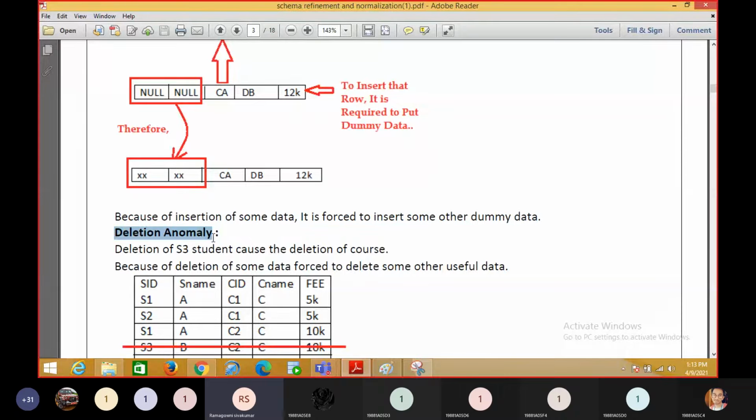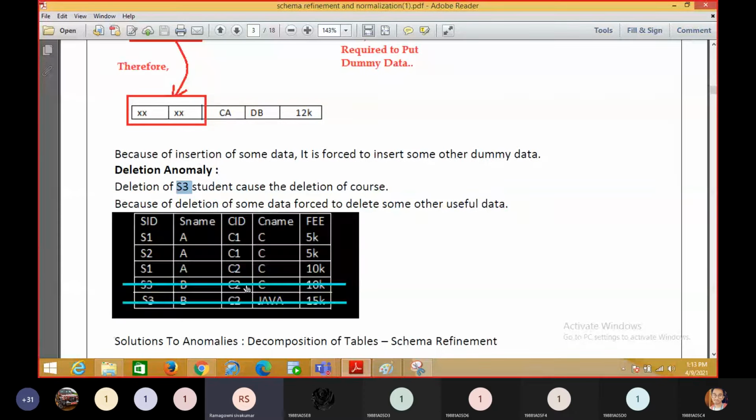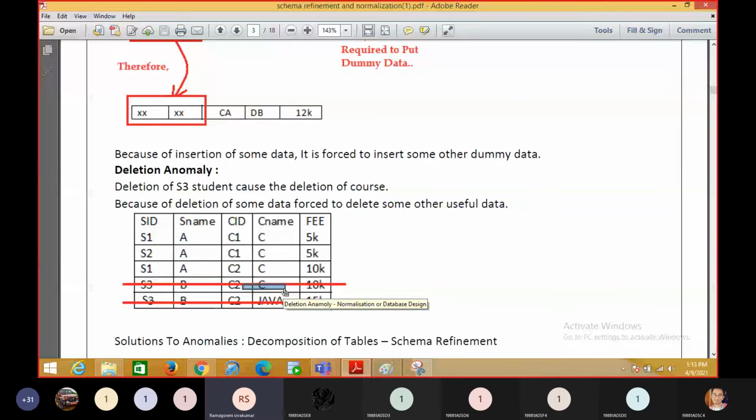Next, coming to deletion anomaly. Deletion of student S3 caused the deletion of a course. See here we have the table. I'm going to delete student S3's row from the student table. What is happening? If I delete student data, your course data is also going to be deleted.